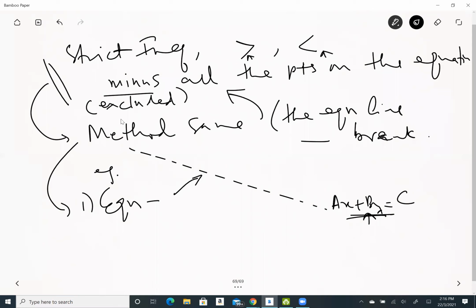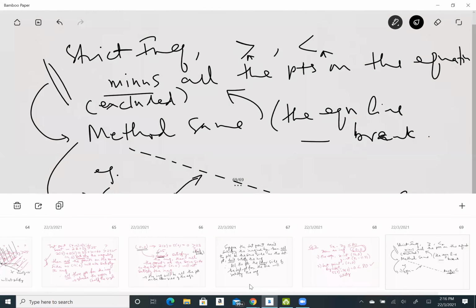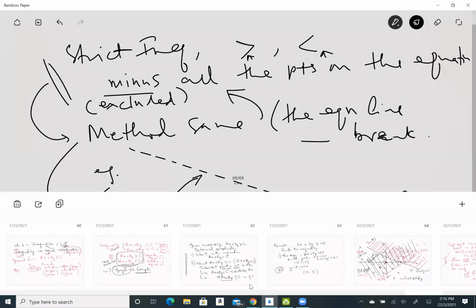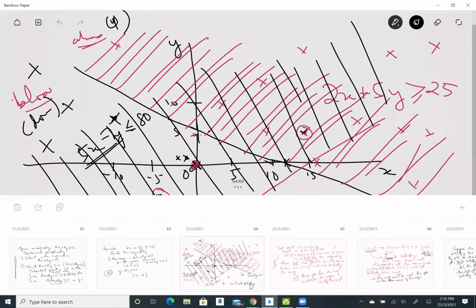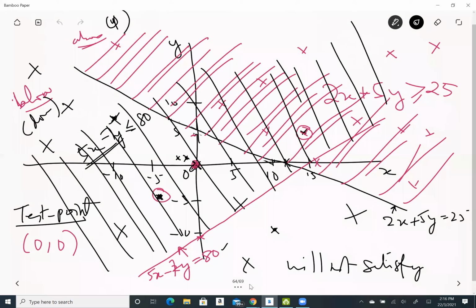For example, if I go back to my graph, suppose one of the inequalities is a strict inequality, just as an example, because I don't want to draw another graph. I just make use of what we have here. I'm not saying it is what you have in the example, just suppose.